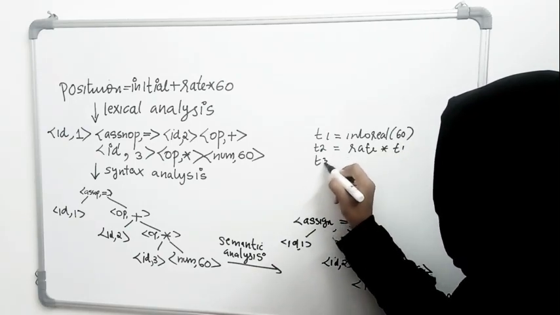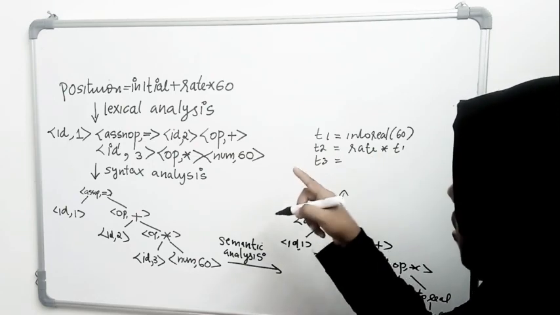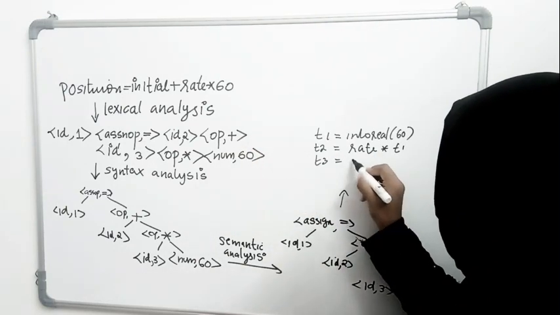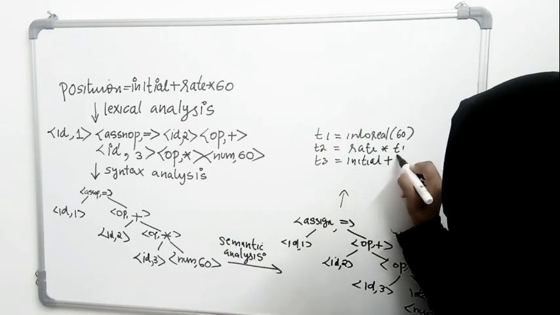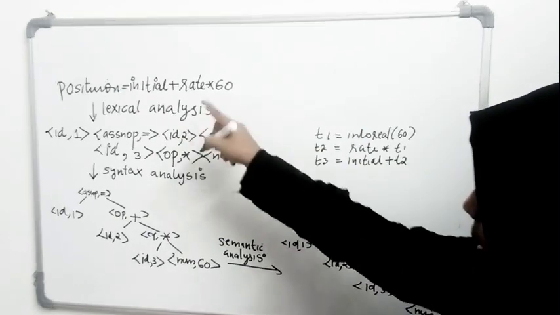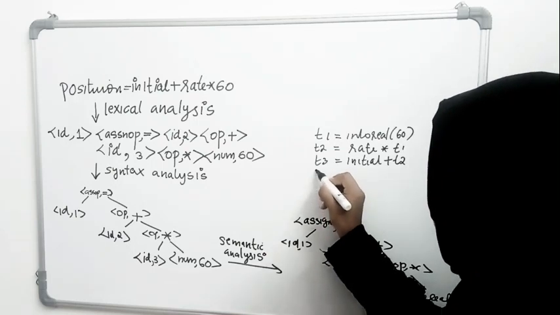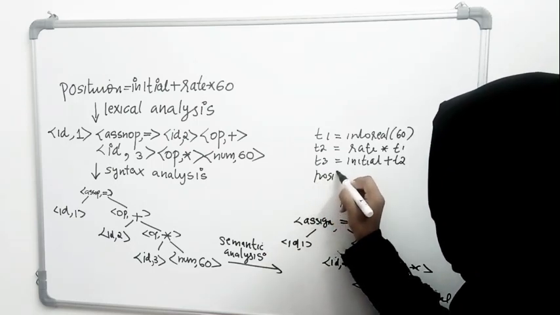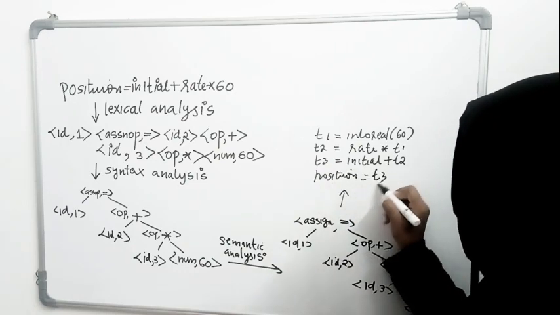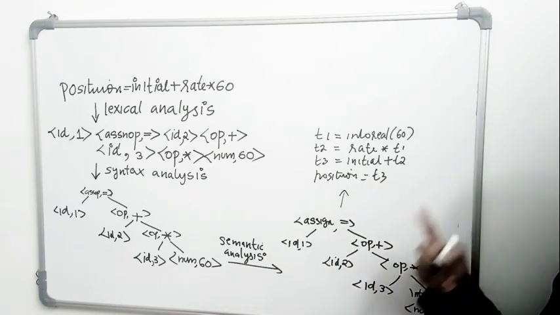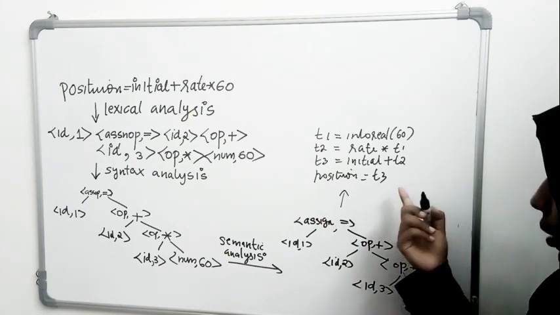Now another variable t3, which is initial plus t2. Yes, the right part has been done. Now position is equal to t3. So this is how we convert this into an intermediate code.